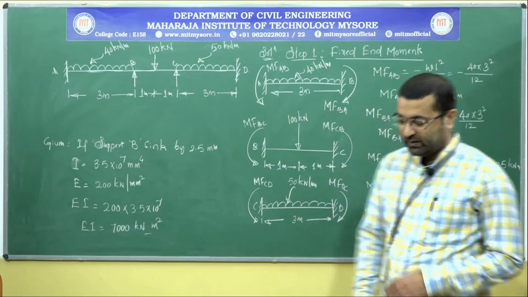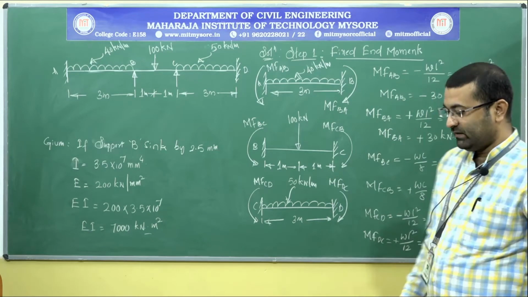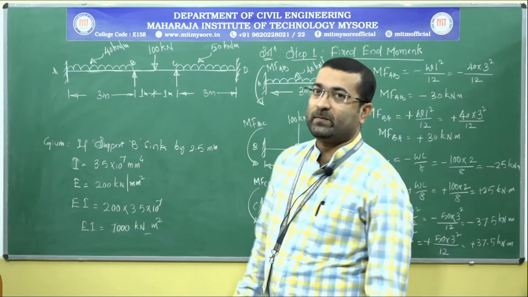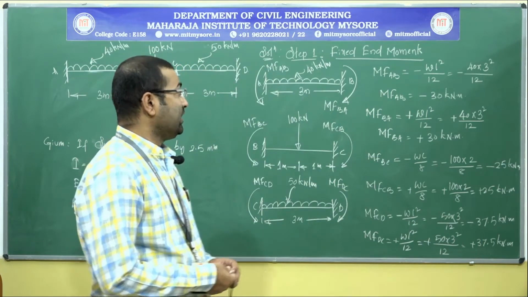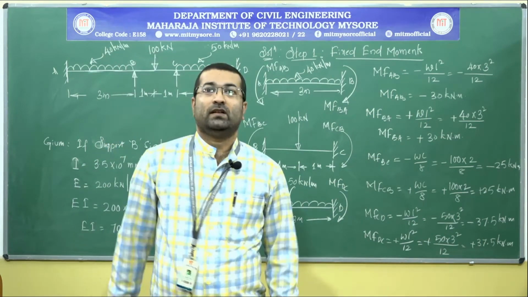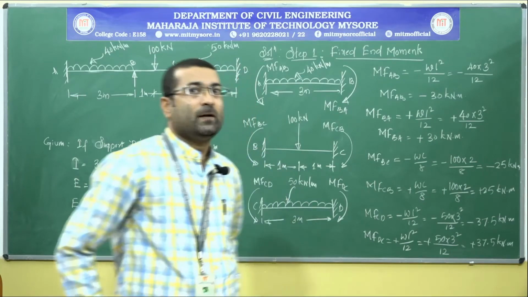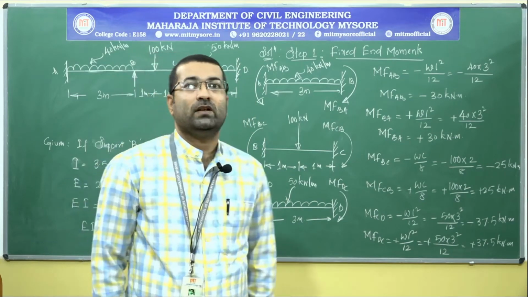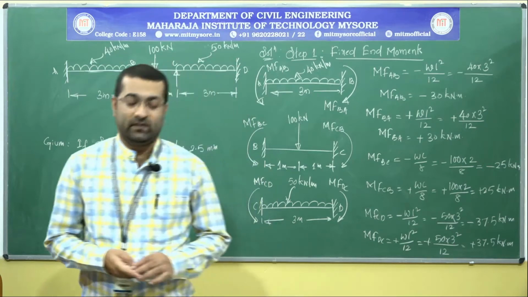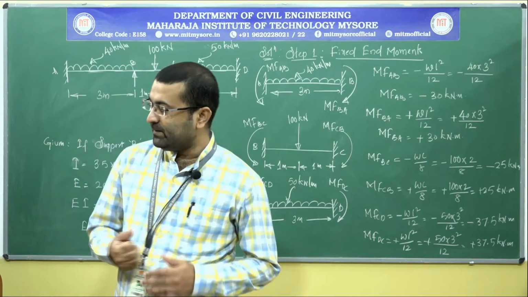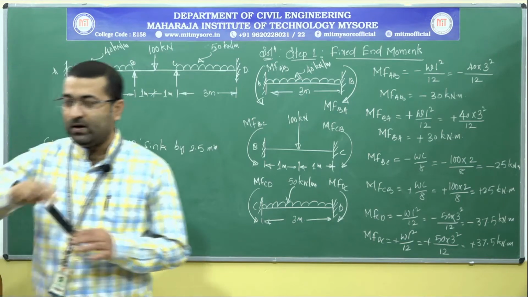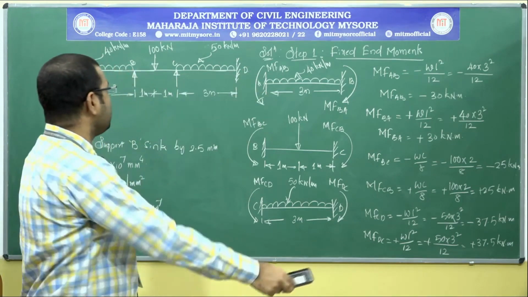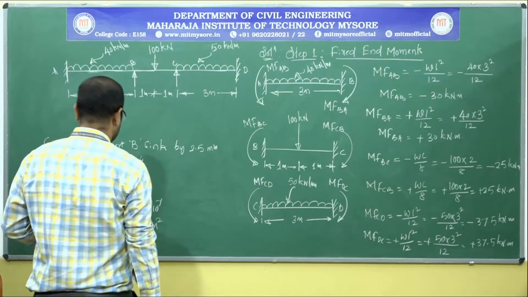So here what we have done, we have calculated the fixed end moments for each span separately, right. So this is the first step in the calculation. The next step is to form the slope deflection equations. So we have to impose the slope deflection equations on the beam so that we can write them.